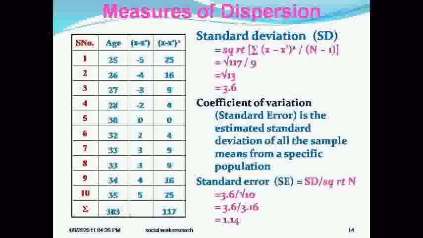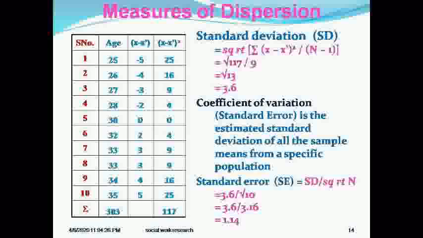If we take 10 samples of 10 observations, we might get 10 different means. Now, putting all these means into a table, and if we calculate the standard deviation of all the sample means, that is called the coefficient of variation.